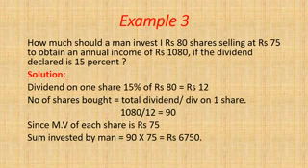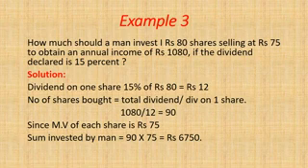Dividend on one share is equal to 15% of rupees 80, that is equal to rupees 12. Now, the number of shares purchased according to the formula is equal to total dividend divided by the dividend on one share, that's equal to 1080 divided by 12, that comes 90.